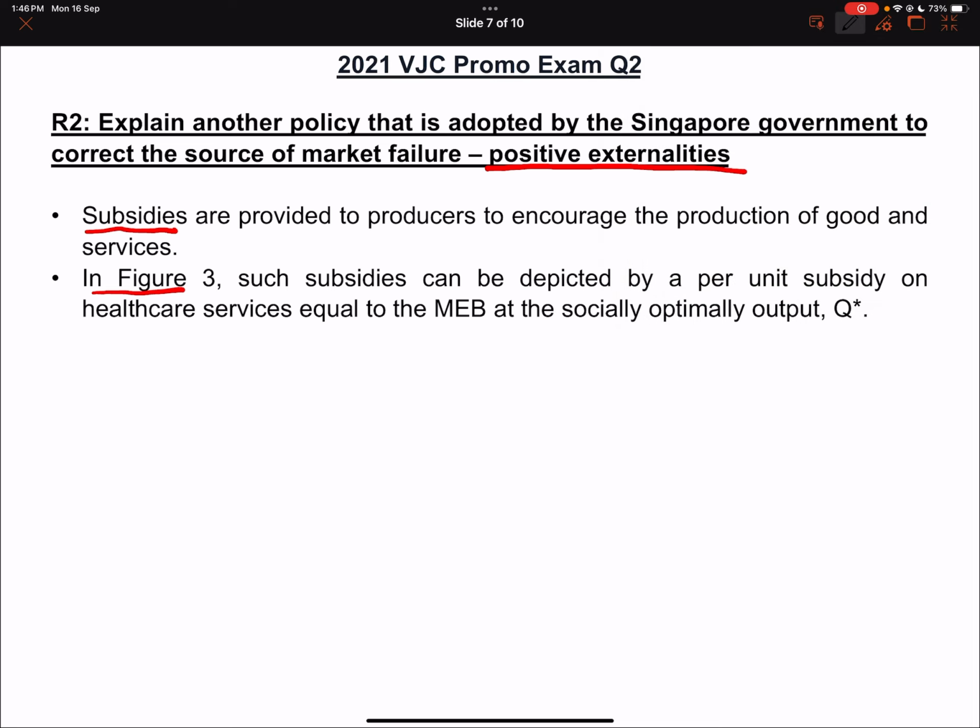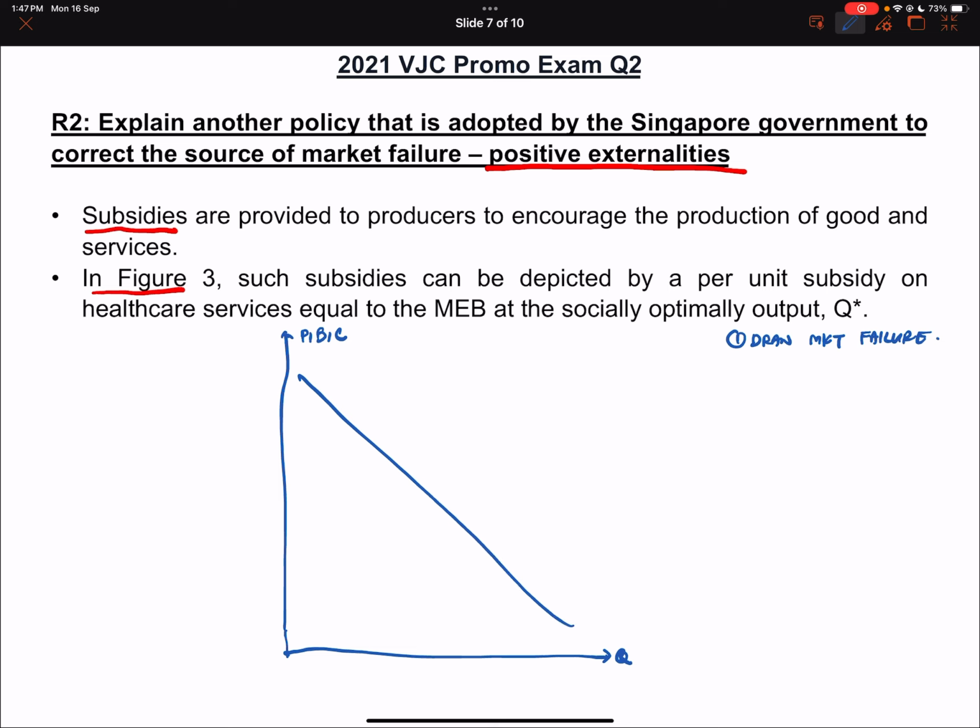The way I tell people to draw for policies is to draw the market failure first. In this case, there's positive externalities, so we draw the positive externalities first. You do it step by step. Don't rush it, do it properly. Price, benefit, cost, positive externalities first.